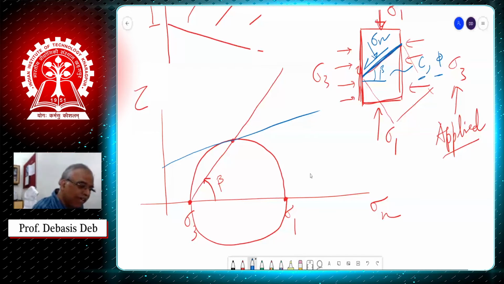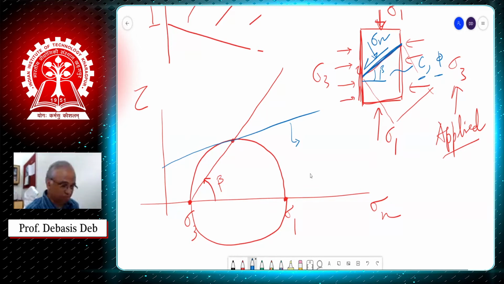Now, can anybody tell me what is this blue line I have drawn? What is the equation of this blue line? What will be the equation? Anybody? So this is the tangent at this point, wherever this line has touched.